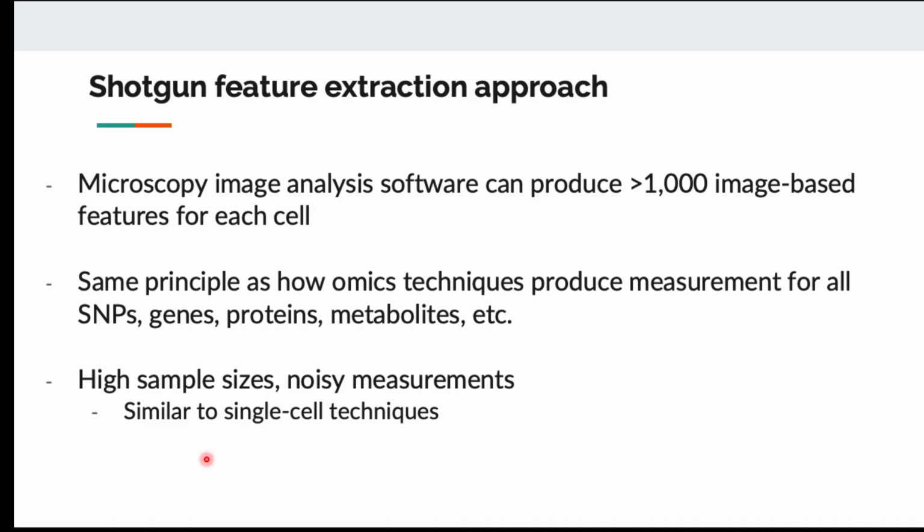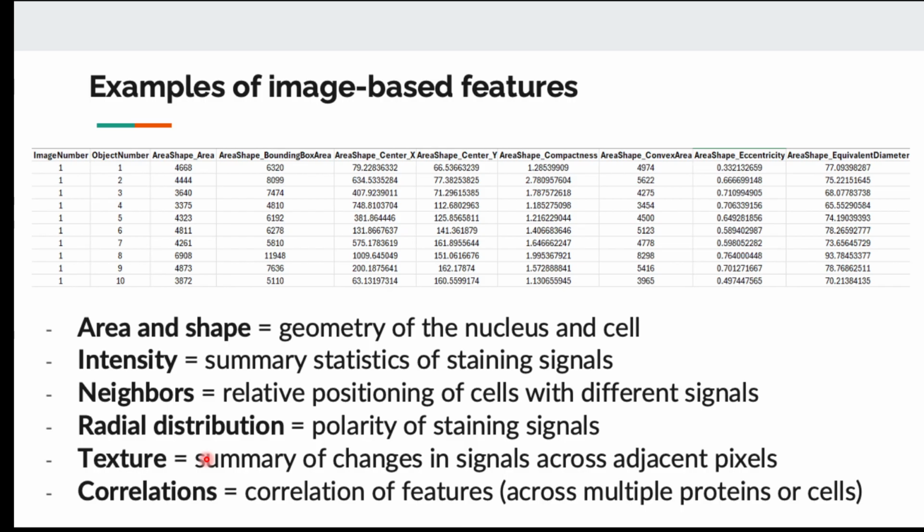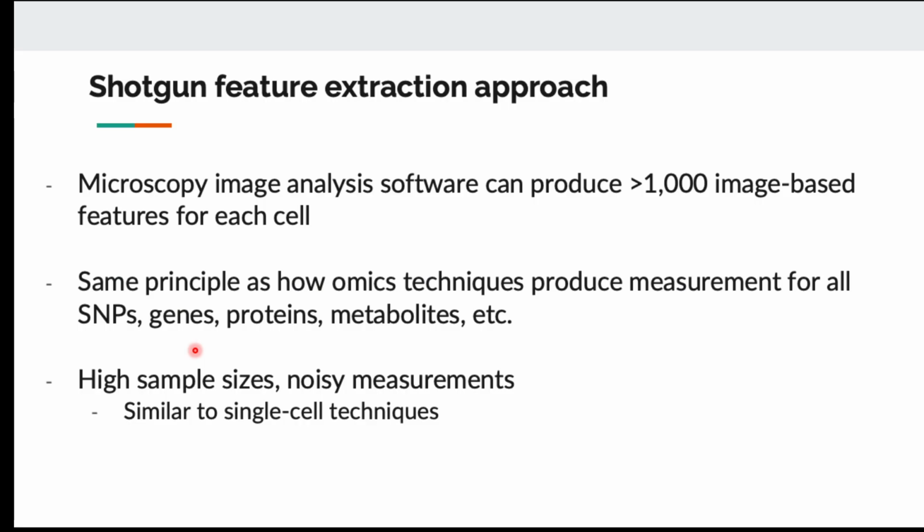Instead of amplifying or culturing just one bacterium, we're going to sequence all the bacteria. So the shotgun approach, you are already familiar with in terms of omics technology. But in image analysis, this idea of producing thousands of descriptions from different perspectives of the cells can also be thought of as a shotgun technique.